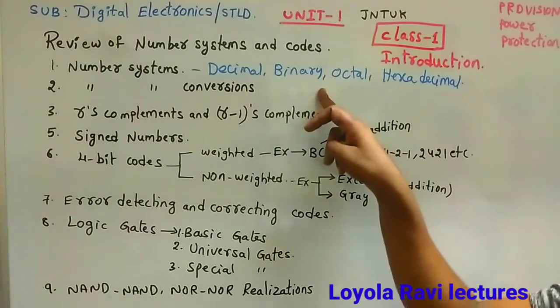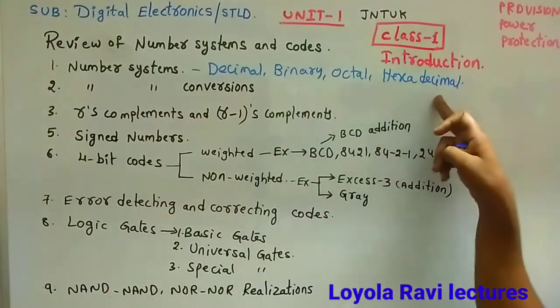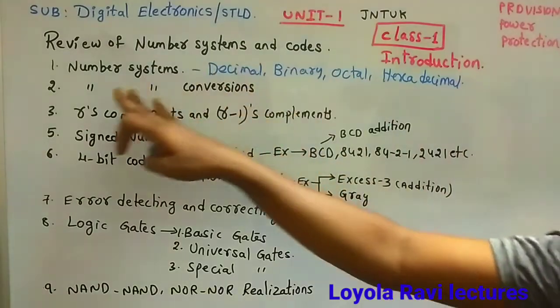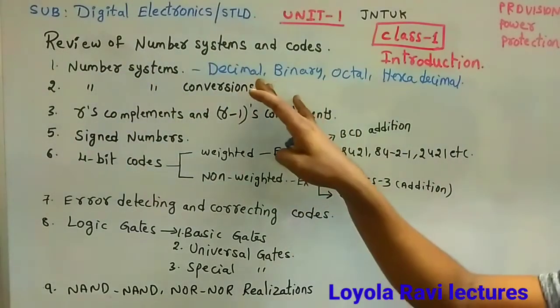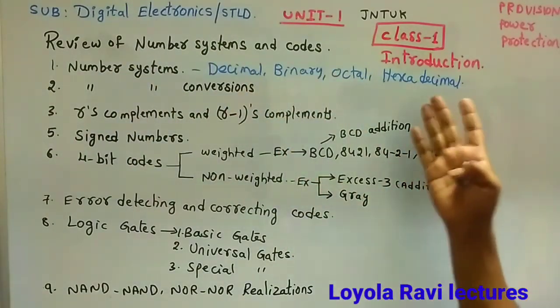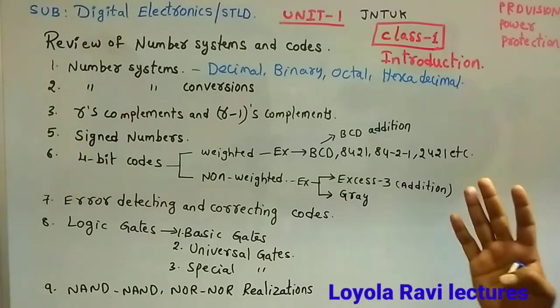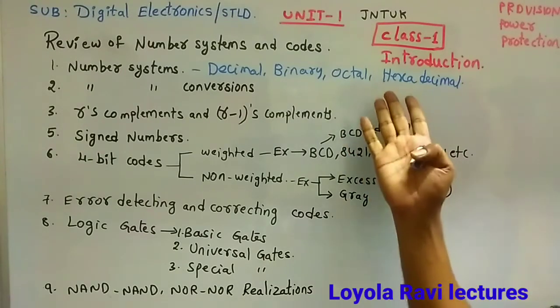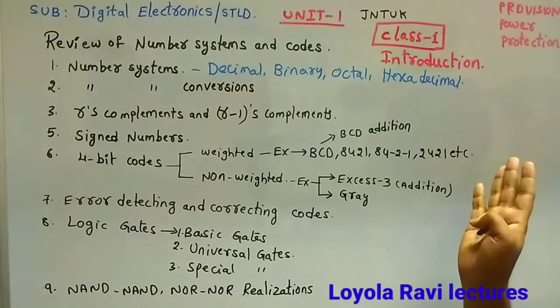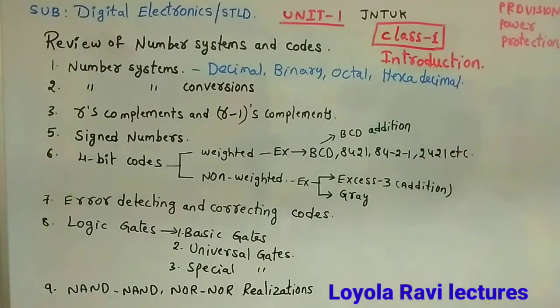So we have four number systems: decimal, binary, octal and hexadecimal. What a decimal, binary, octal and hexadecimal is, and how we represent them, we will discuss in the next class.